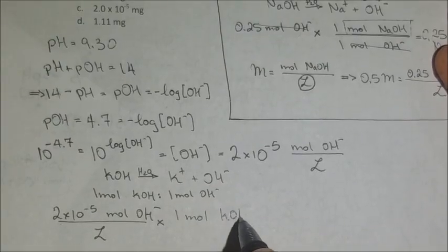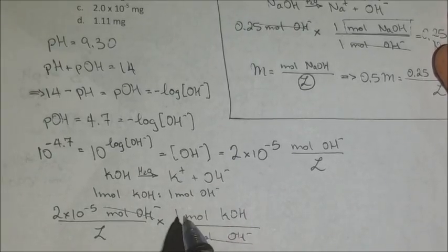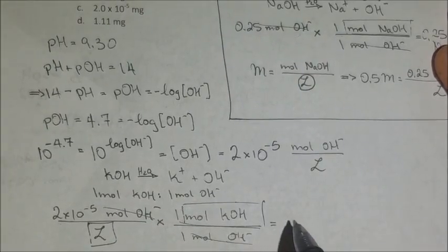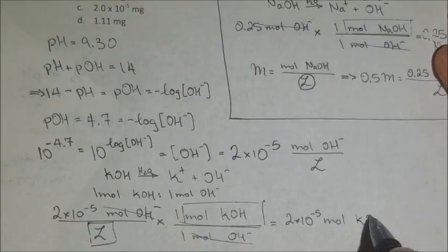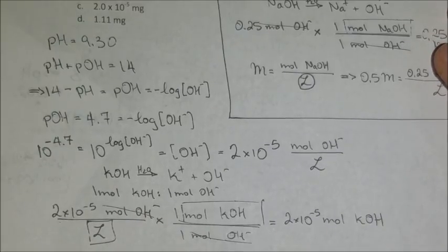I need 1 mole of KOH for every 1 mole of hydroxide. Moles of hydroxide cancel, and I am in moles of KOH per liter of solution. So once again, numbers didn't change, but units did.